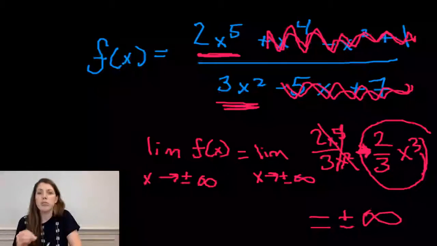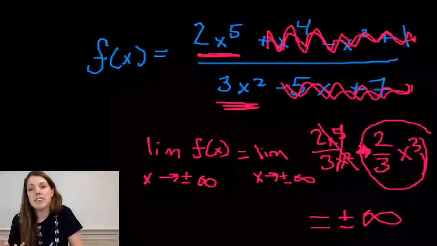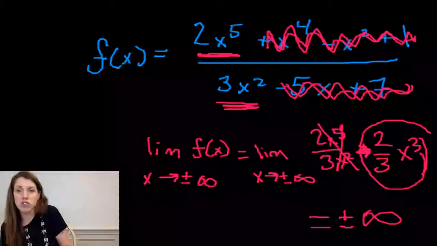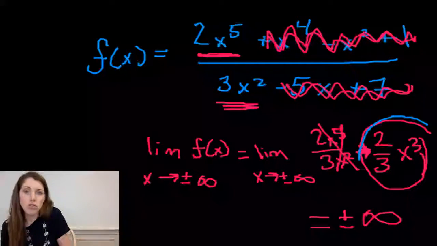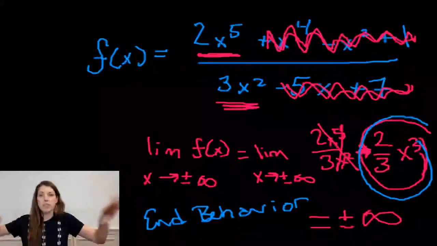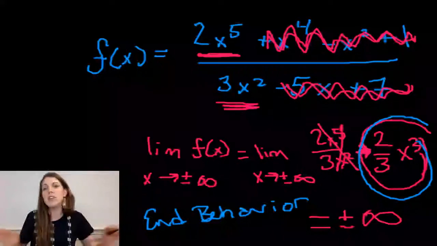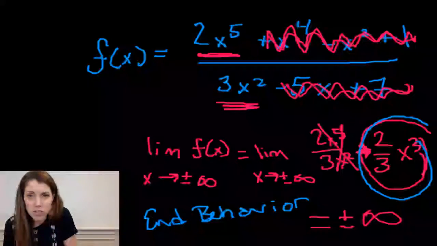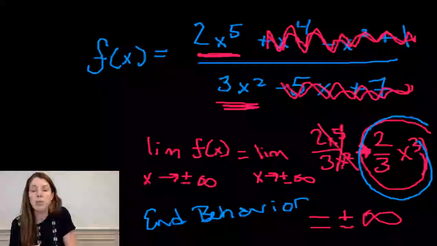Is that important graphically? Well, yes, it is. It's actually something that we call end behavior of a function. And this right here, 2/3 x cubed, is explaining to us what the end behavior, meaning the outer behavior, of this function is, the one we started with, the 2x to the 5th plus x to the 4th and everything else I scribbled out.